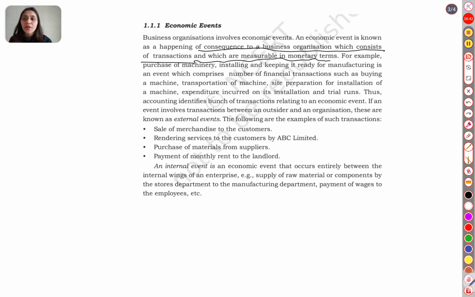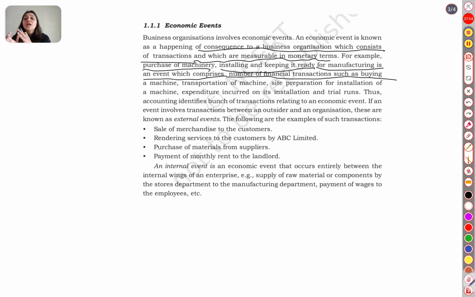For example, purchase of machinery, installing and keeping it ready for manufacturing is an event which comprises number of financial transactions such as buying a machine, transportation of machine, site preparation, or any kind of installation that is going to give the improvement to the business.